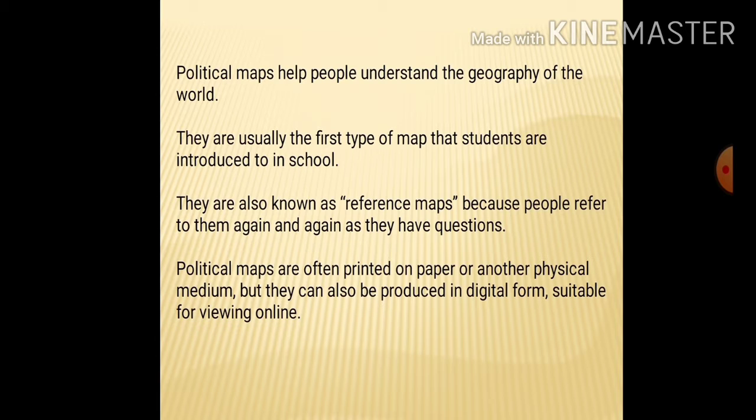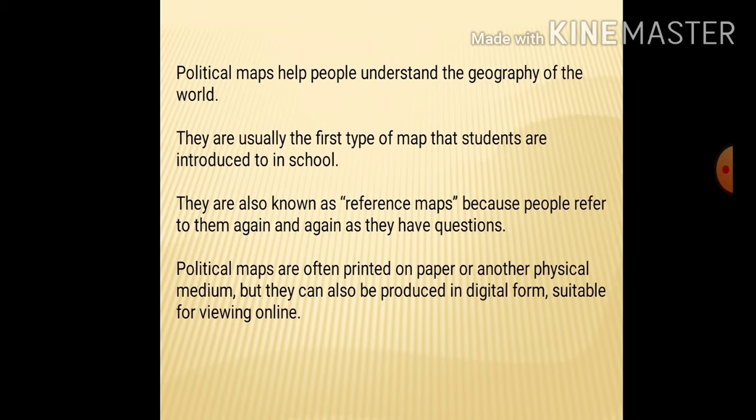Political maps help people understand the geography of the world. They are usually the first type of map that students are introduced to in school. They are also known as reference maps because people refer to them again and again as they have questions.